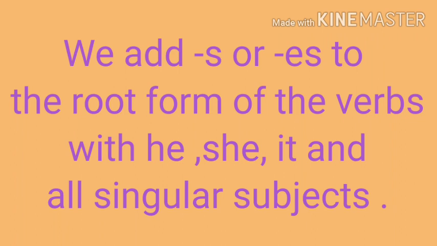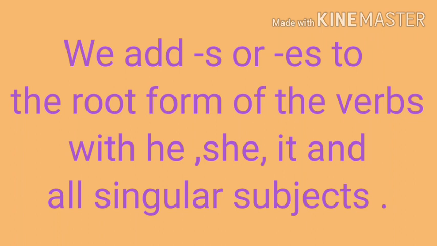We add s or es to the root form of the verb with the subjects he, she, it and all singular subjects. Remember that with the singular subjects I and you, we use only the root form of the verb, not verb with s or es.